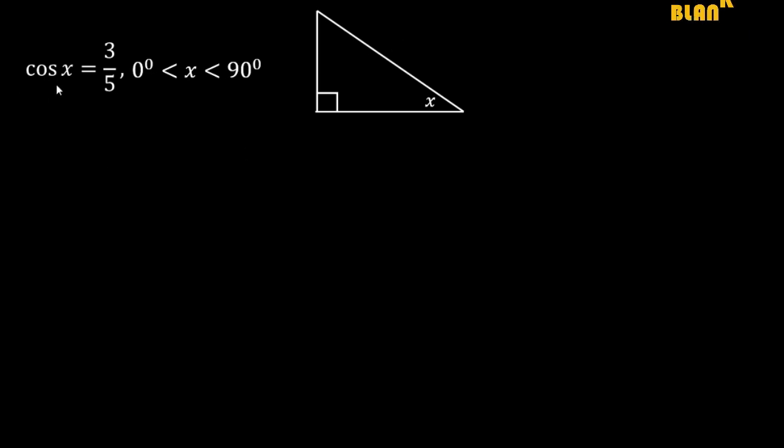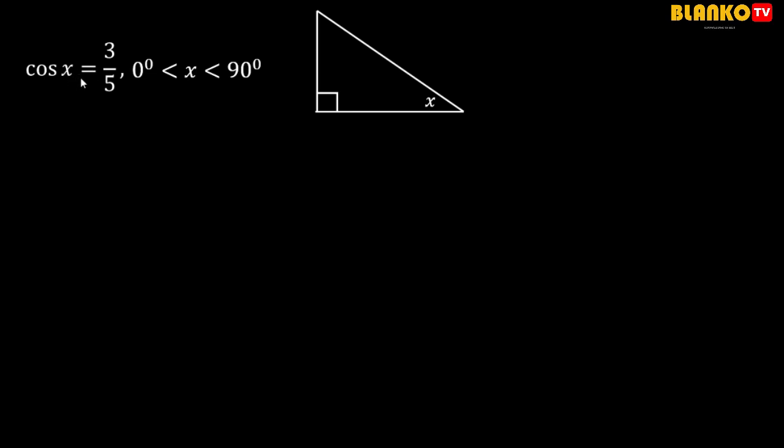All right, so we have cos x equals 3 over 5, and cos theta is adjacent over hypotenuse.